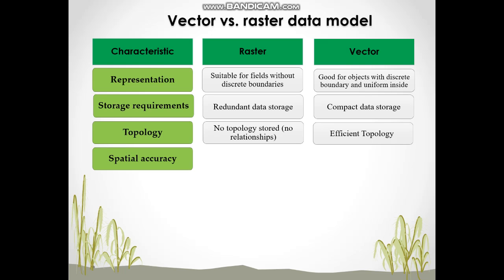But the vector data model potentially has excellent positional accuracy because you don't have to worry about the cells and losing much information by considering only the center of the cell, right?